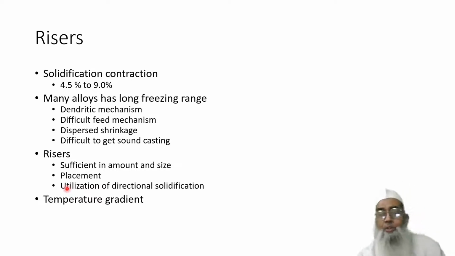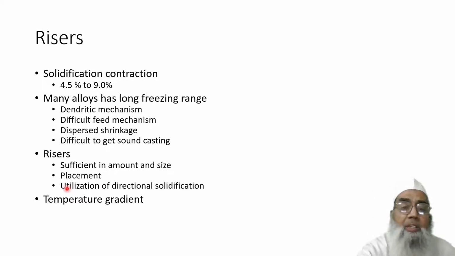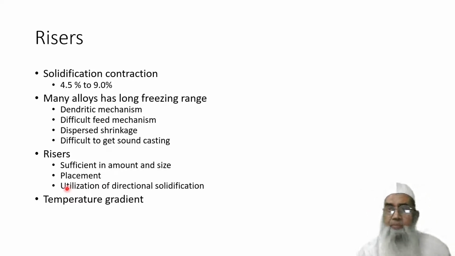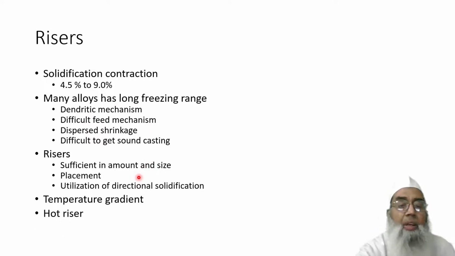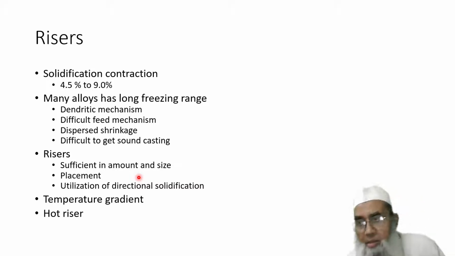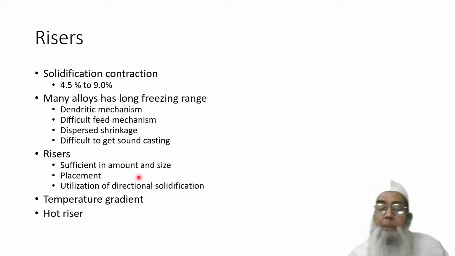Temperature gradient is also a parameter to have a sound casting. Therefore, if we can reduce this temperature gradient, this can overcome the long freezing range. However, a hot riser can also give a good feeding mechanism.